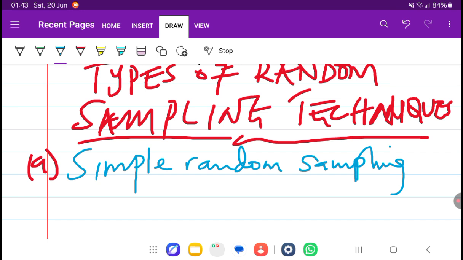Now, one of the best ways to collect a simple random sample is to assign a number to each item, or each unit, or each member of the population, maybe a number 1.